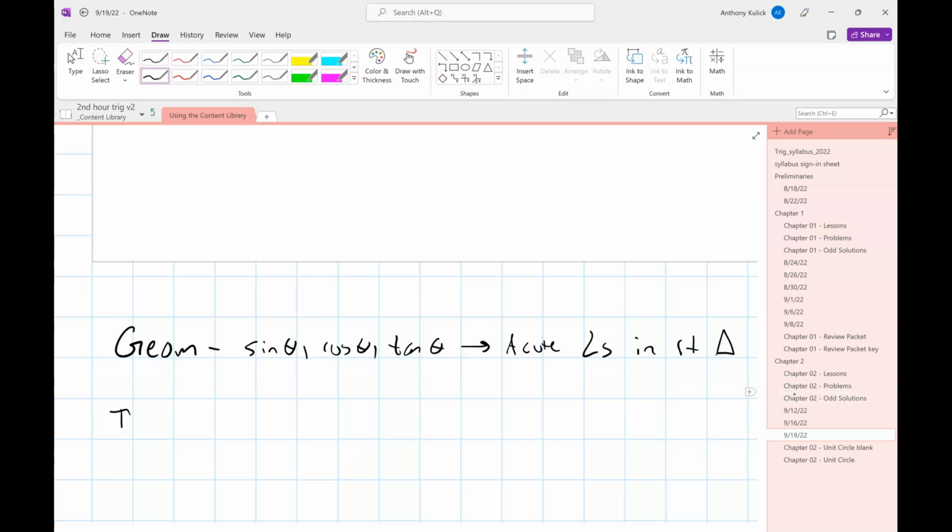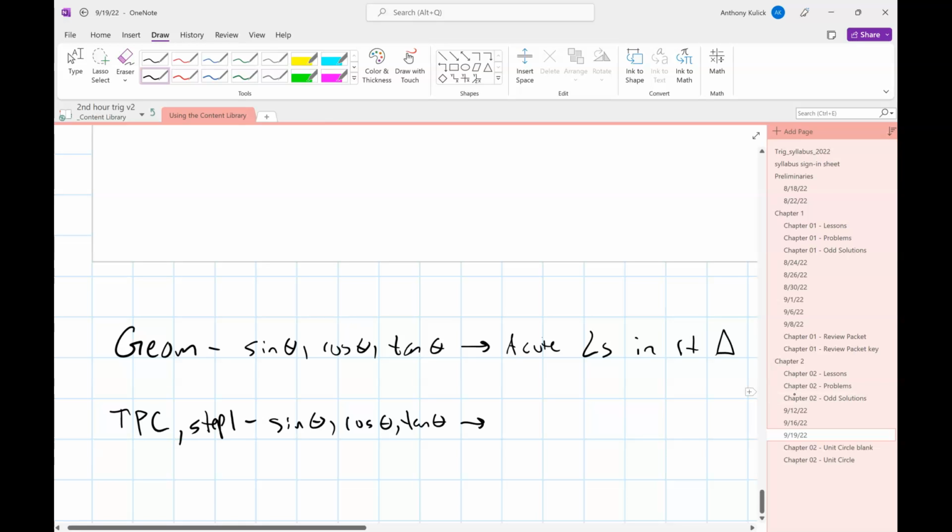Next, in trig pre-calc, our first step was to take sine, cosine, tangent, etc., and define them from a point on the terminal side of a standard position angle.